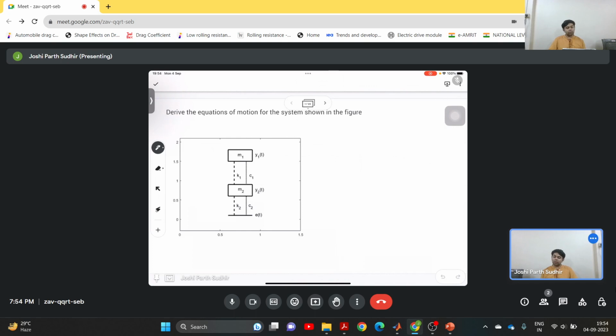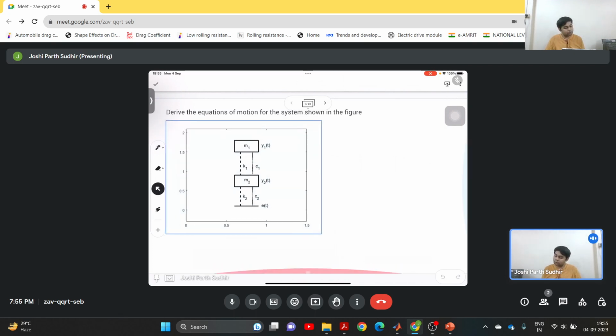And here we have a base to which the masses are fixed, but it can move, and let us say we know the displacement of the base, and it is given as E of t, and the corresponding positions of the masses m1 and m2 are given by y1 and y2. So let us start with this problem.